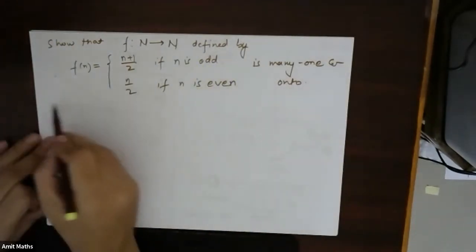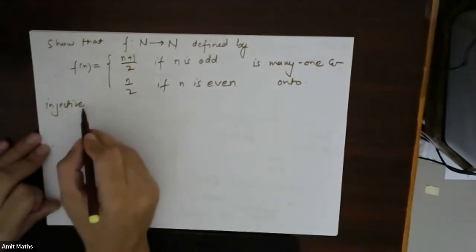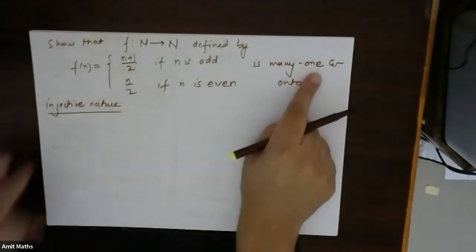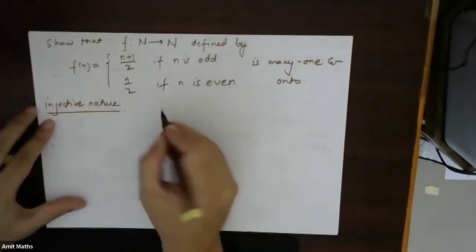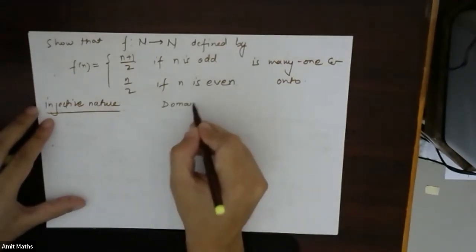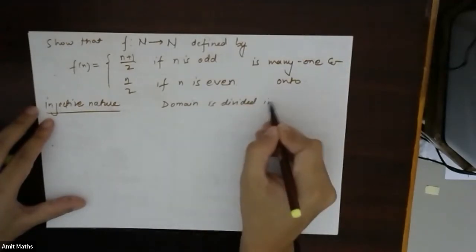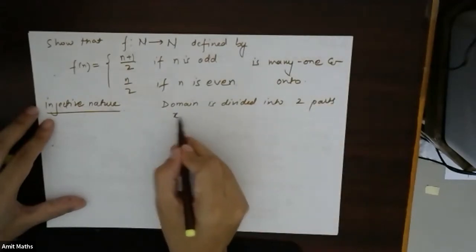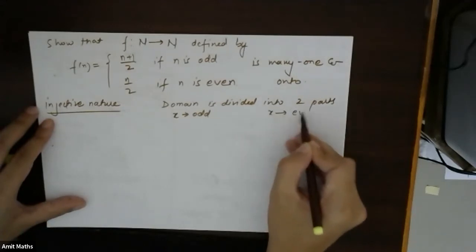First I'll solve the injective nature, that is the one-one nature, using division of domain. So the domain is divided into two parts. First is when x is odd and second is when x is even.